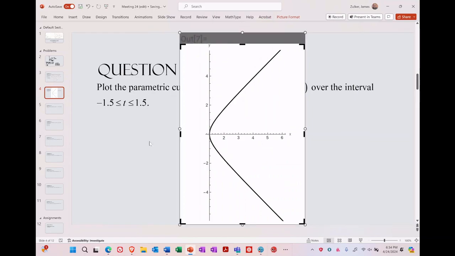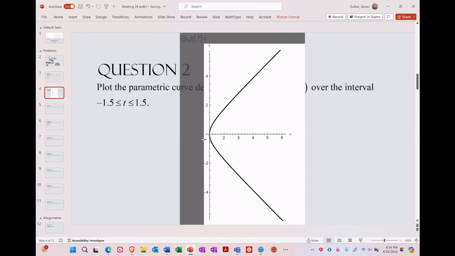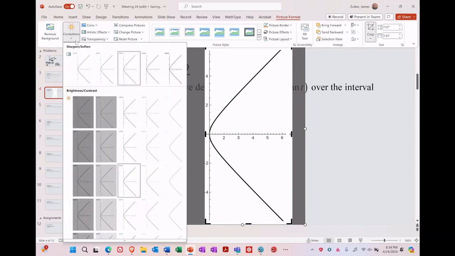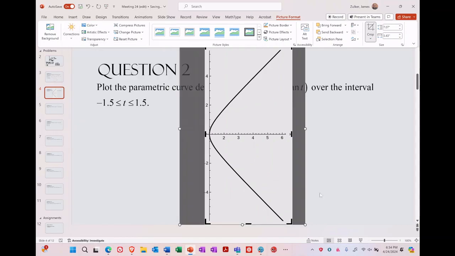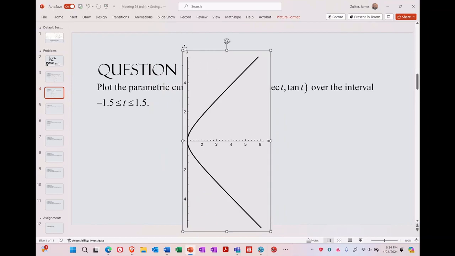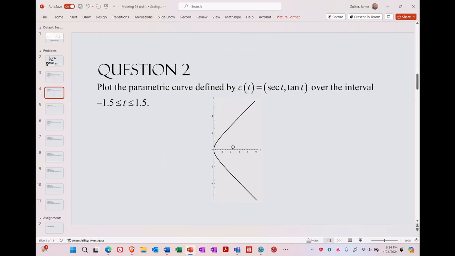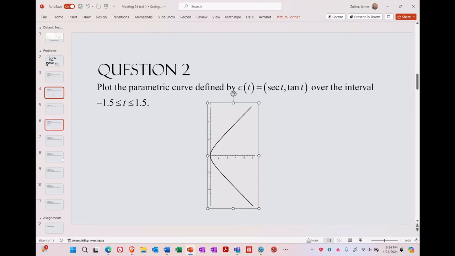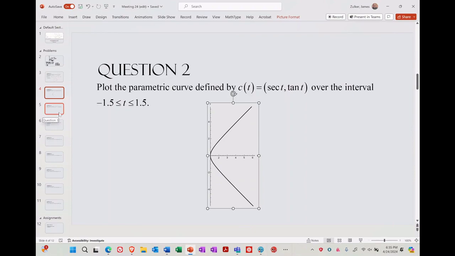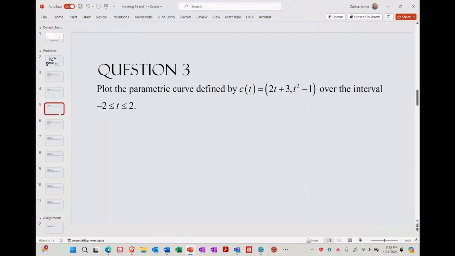We're starting off with some boring curves. Don't worry, I have really interesting ones coming up. This one's really boring.